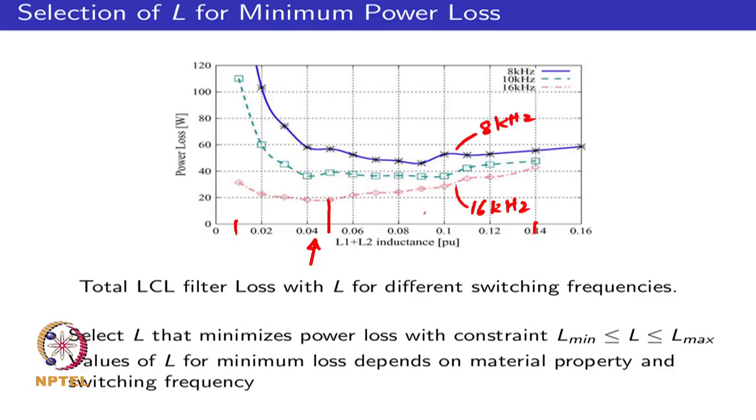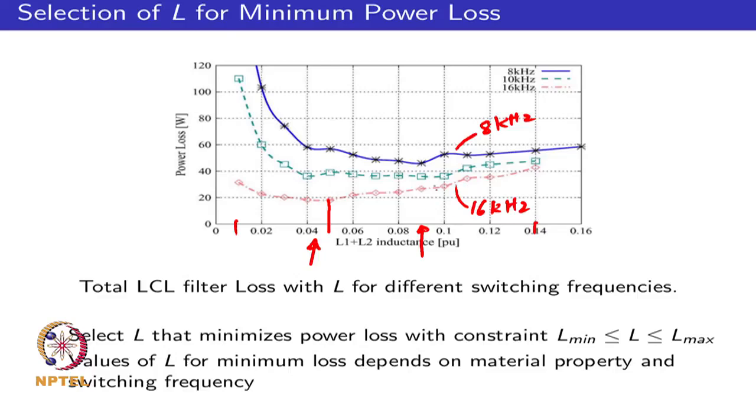if you look at the case when you are operating at low switching frequency, the desired value of the total inductance L1 plus L2 shifts to a higher value of LT. So, at 16 kilohertz you are having a minimum loss around 4%.